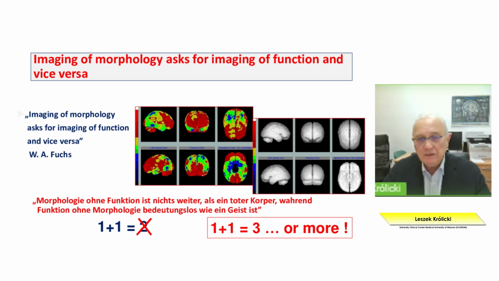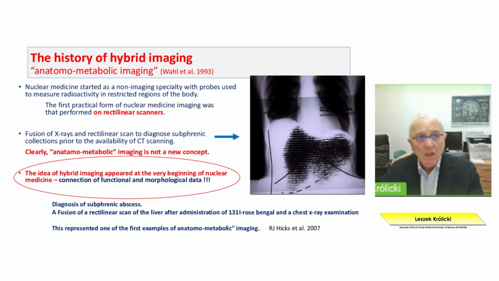And there is a quote in German: morphology without function is just a dead body, while the function without morphology is also a useless soul only. So 1 + 1 in imaging medicine is not 2, it's 3 or maybe even more.